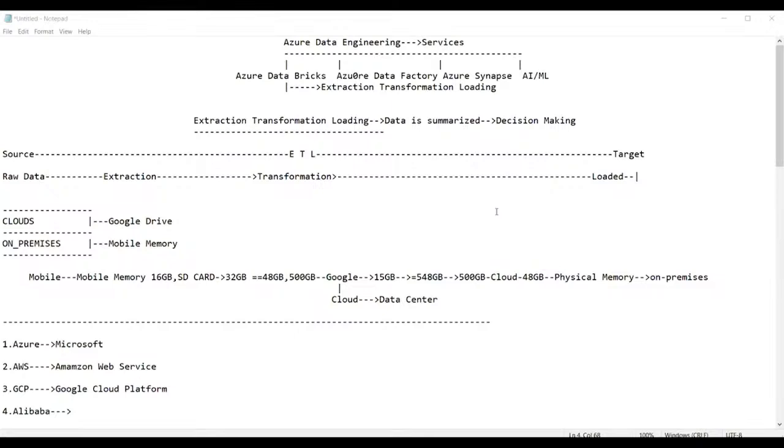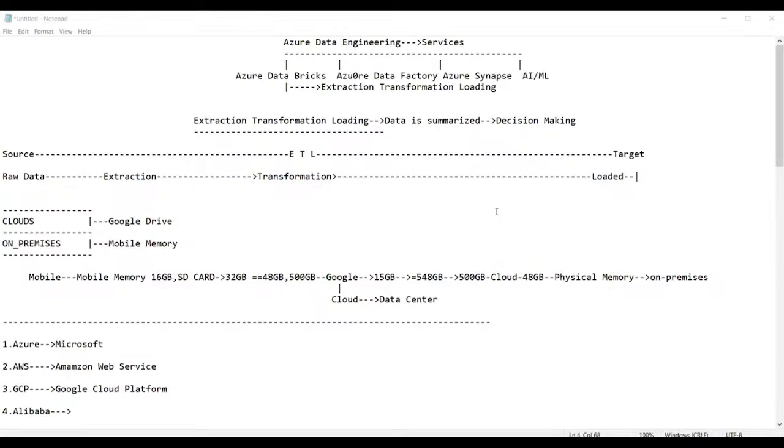Sir, ADB and ADF both are provided by Azure, Microsoft, right? What is the main difference between ADB and ADF? Basically, if there is a project where you use ADF and ADB both, the ADF is used for the data ingestion process, that means insertion of the data, only up to that.